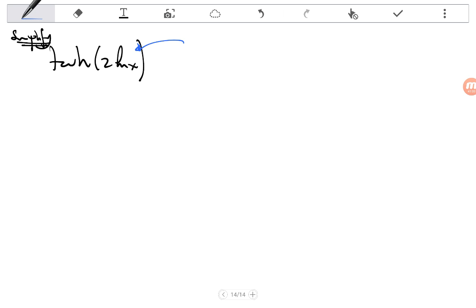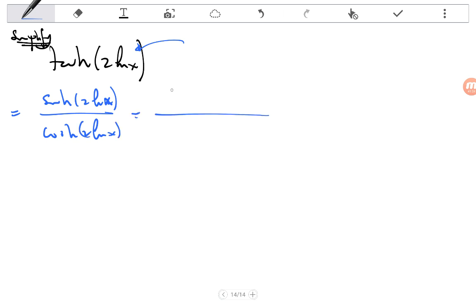Now, for this expression, whenever I have a ln or a logarithmic function inside a hyperbolic function, we use the definition of the hyperbolic function. So tanh 2 ln x, we just write it like this. It is sinh 2 ln x over cosh 2 ln x, which is, what is the sinh? It is e.